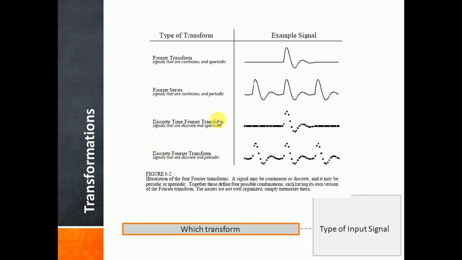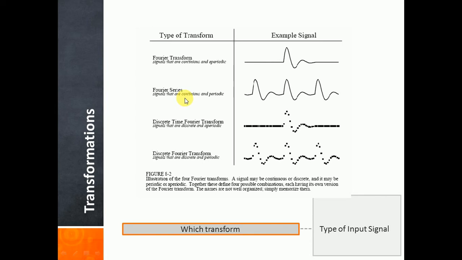In all these options, which are visible in the figure, notice that if the signal is continuous and aperiodic, meaning that the signal does not repeat itself, then you would use the Fourier transform. If the signal is continuous and periodic, so there is a pattern which does repeat itself, then what you use is what is called a Fourier series.